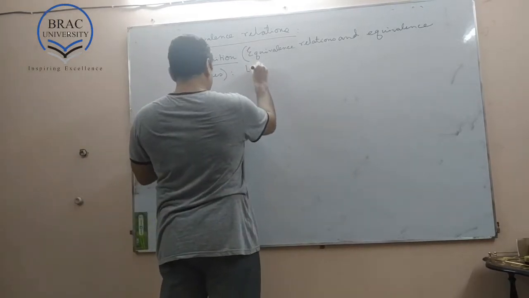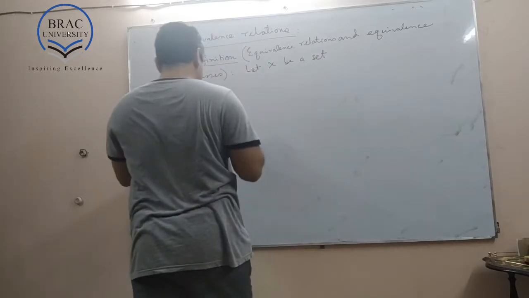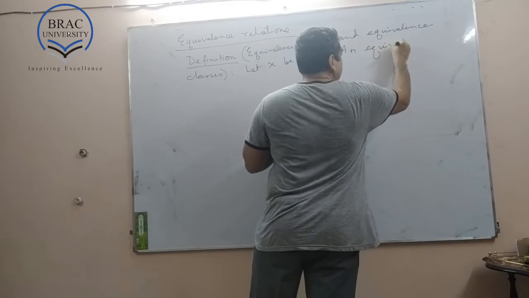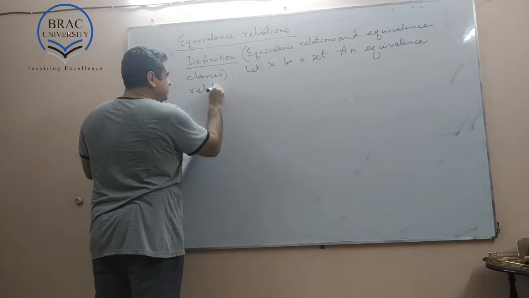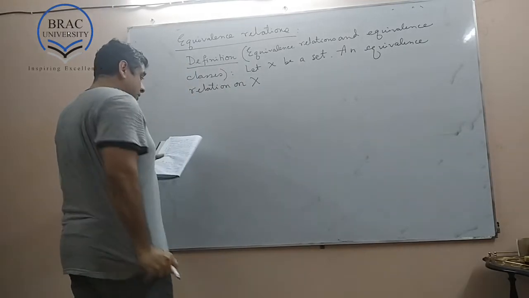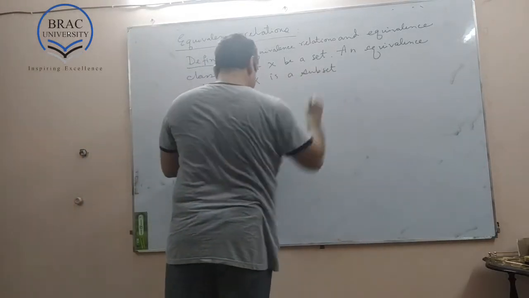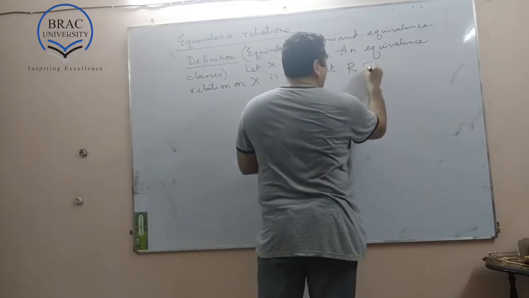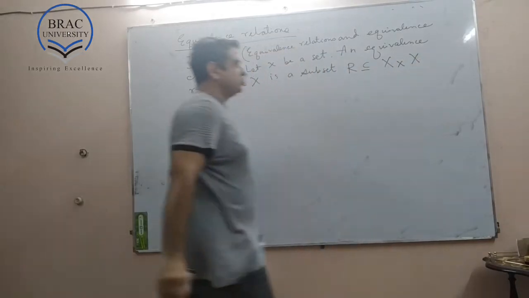Let X be a set, simply a set. An equivalence relation on X is a subset R of the Cartesian product of X with itself.